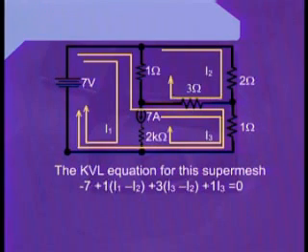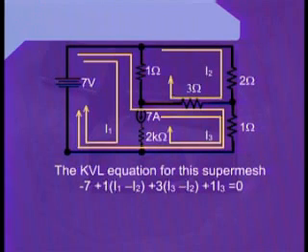As we complete this term, we move on to the side branch resistance, which has a value of 3 ohms. Once again, there are two currents flowing through this resistance. One is I3, and the other is I2. However, these two currents are flowing through the 3 ohm resistance in the opposite direction.